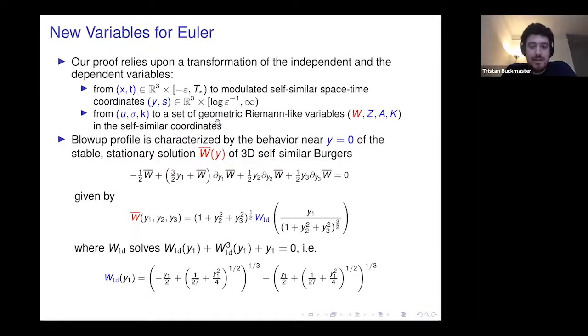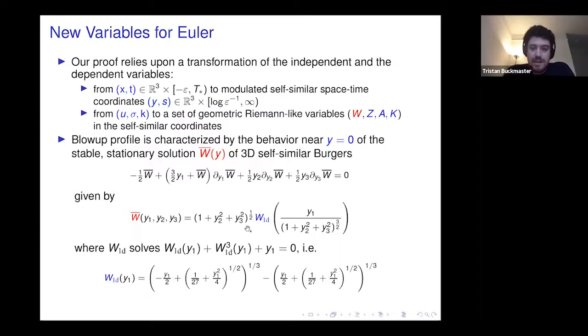And then we also have to rewrite the velocity, the sound speed and the entropy in terms of Riemann variables. We want one of these Riemann variables to behave exactly like 3D Burgers, and so the stable generic shock that you have in 3D Burgers also occurs for the Euler equations.